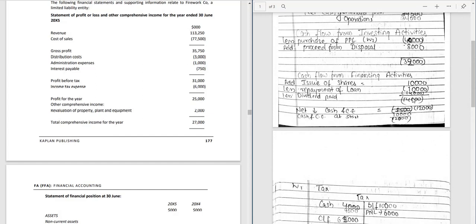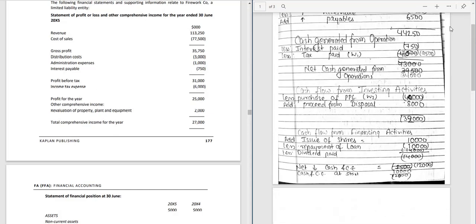So we are having this total figure, and when we add net cash generated from operation, that is 34,000, and plus the net cash flow from investing activities and from the financing activities, we will get the net decrease in cash, that is 12,000.